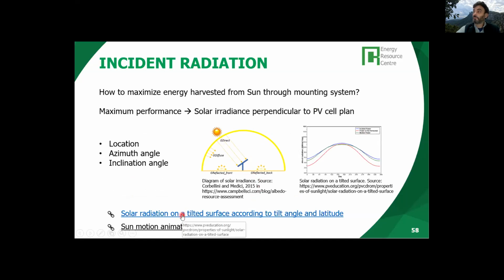These are a couple of websites where you can see, for instance, what would be the... I don't know if this will work now, it's an internet animation. Anyway, you can check it, or I will send you the links if this doesn't work. But basically, this website will tell you the different levels of power generation depending on the type of orientation and tilt and slope that you can have in a given location.